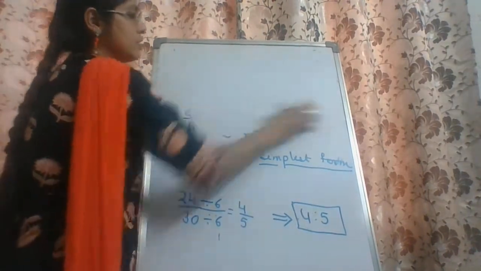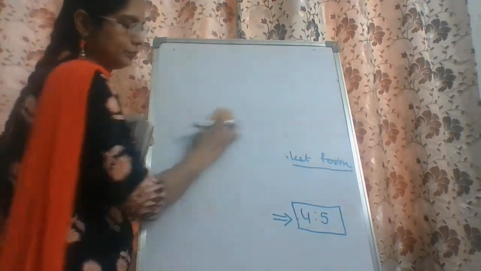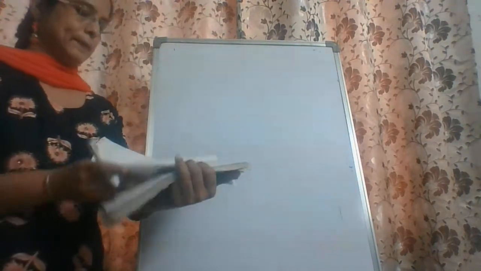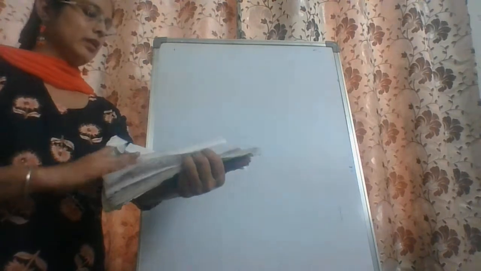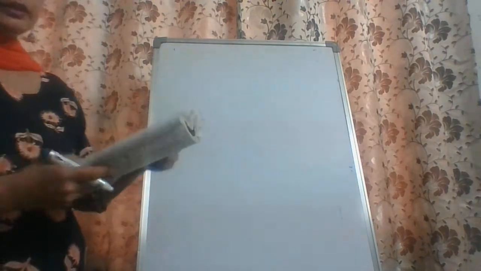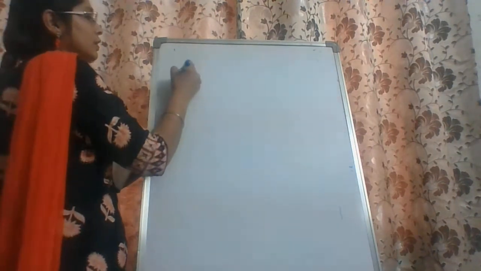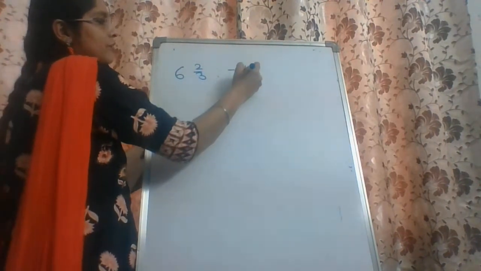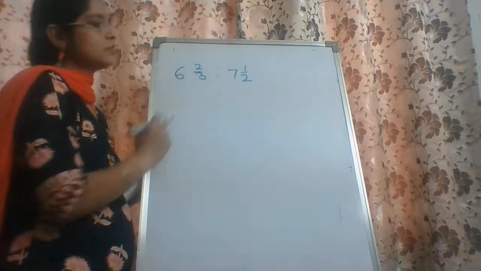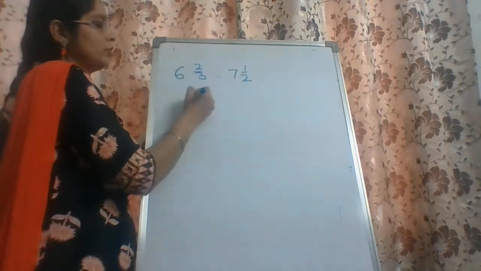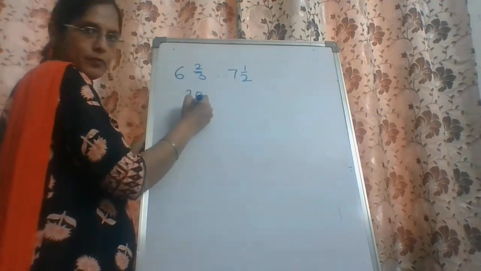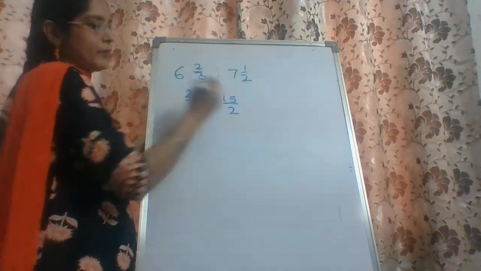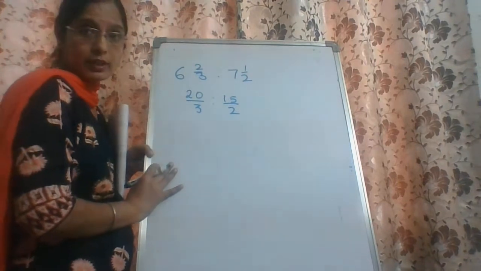Coming to more questions related to this. Let us bring the ratio 6 2 upon 3 is to 7.5 in a simplest form. 20 upon 3, we are bringing it to improper fraction first. 15 upon 2. See, LCM of 2 and 3 is 6.